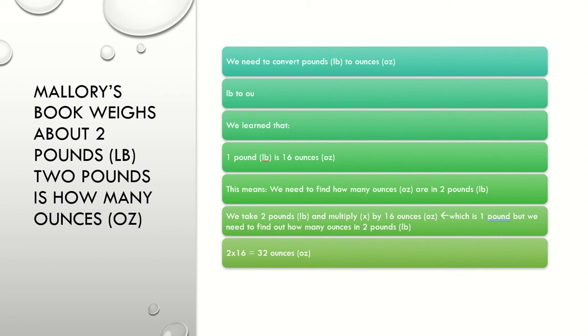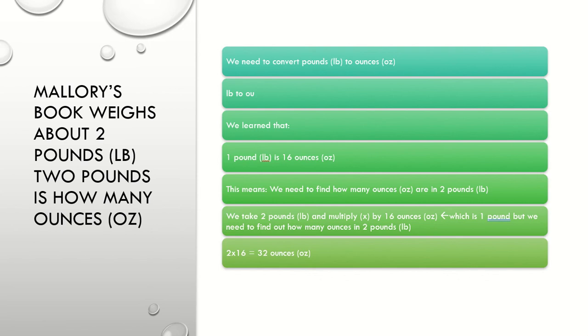So we multiply 2 times 16, which gives us 32. And the unit that we write is ounces, because the question is asking how many ounces. So we just converted pounds into ounces. So 1 pound is 16 ounces, 2 pounds is 32 ounces.